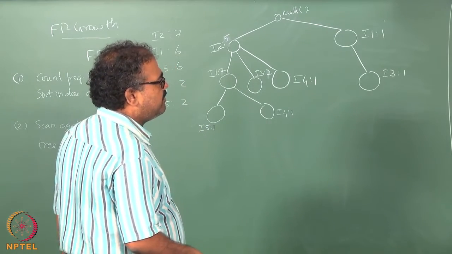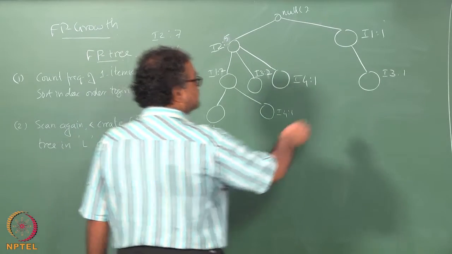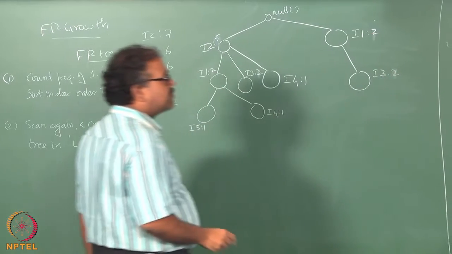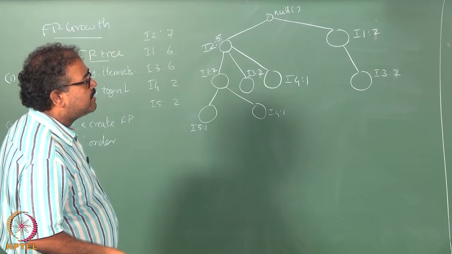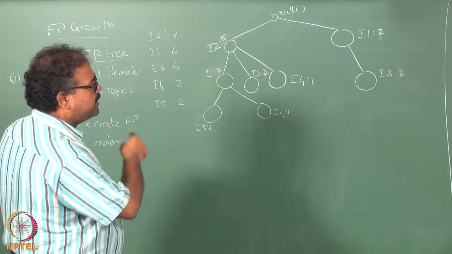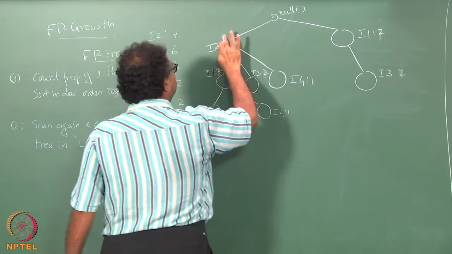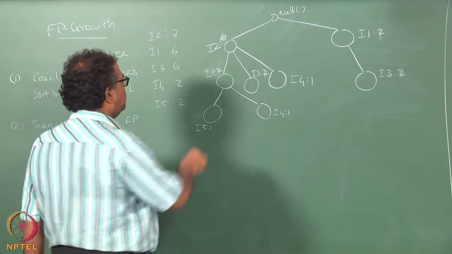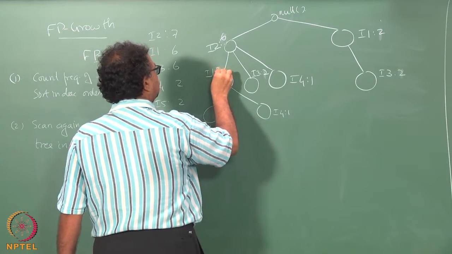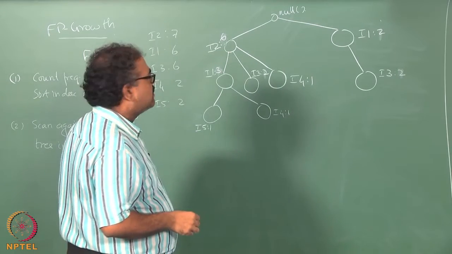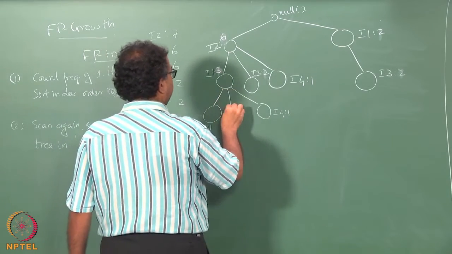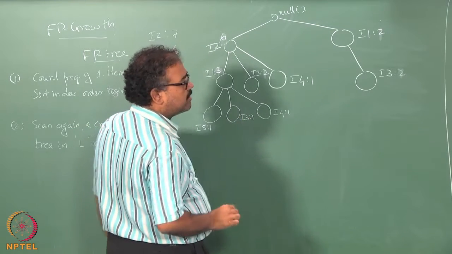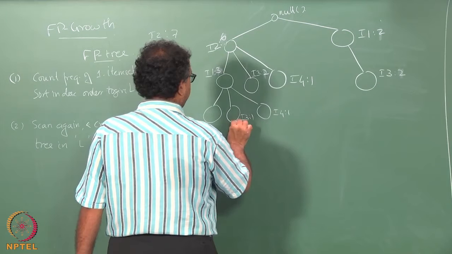Then where are we? T7, and T8, it is I2, I1, I3, I5.